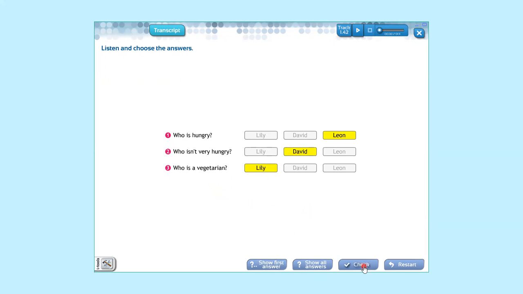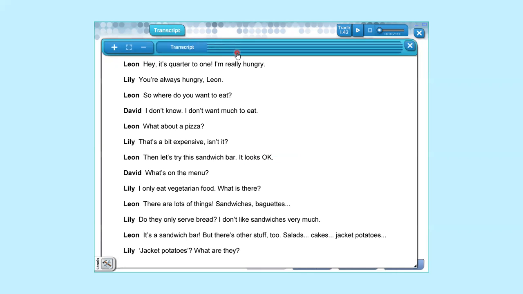Those are the expressions given. We are going to check. Very good. That is the correct answer. Here in this transcript of the audio, you can see the conversation, okay? You have some of the expressions that were used in this part of the audio that will help you to do your video activity too, okay?